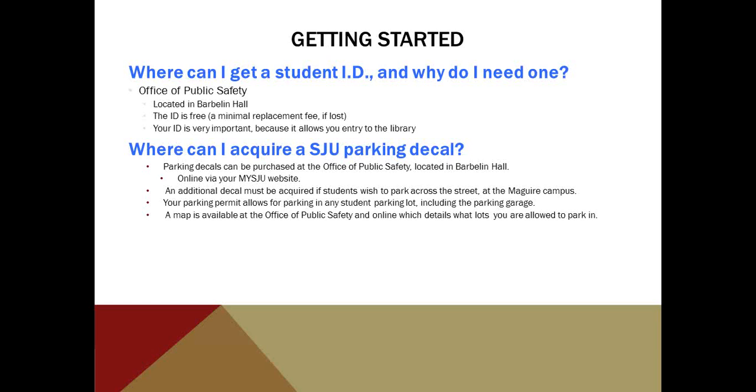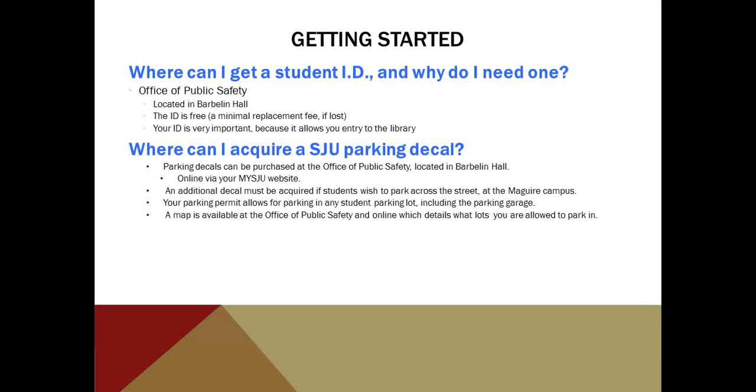It's also important to note that you could use your ID for when you're printing your materials or papers. When you use the library here, it's tracked through your ID. So it's really important that you get your student ID, and the actual location in which you can get that student ID would be the Office of Public Safety, and that's located in Barberlin Hall.